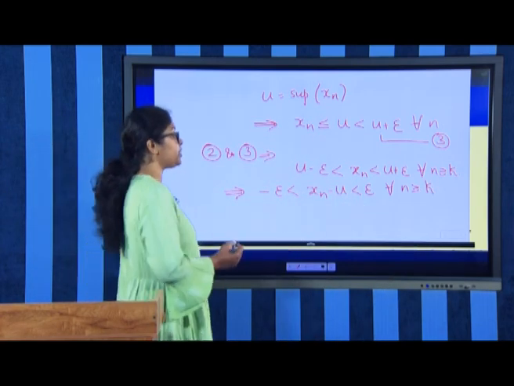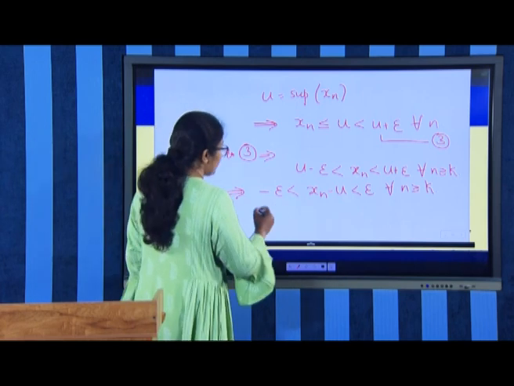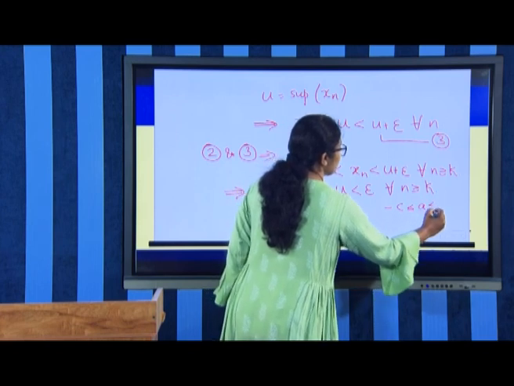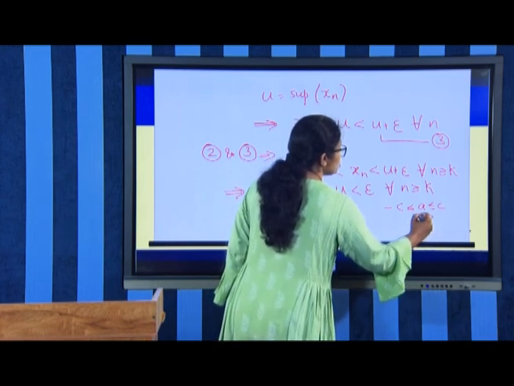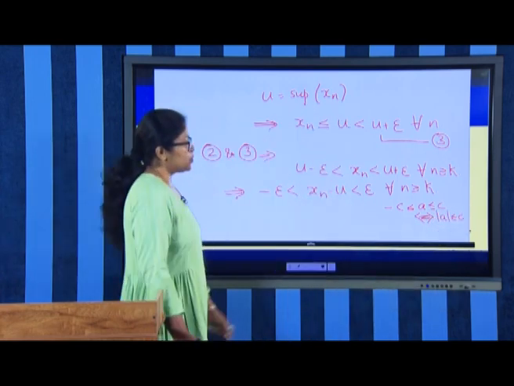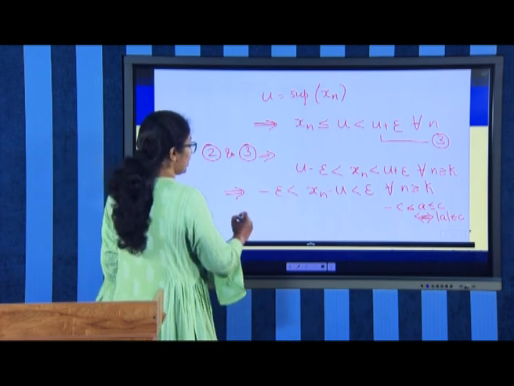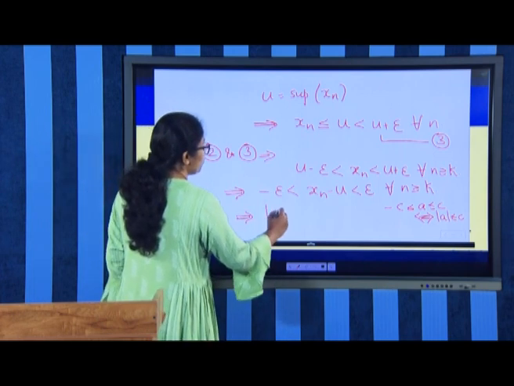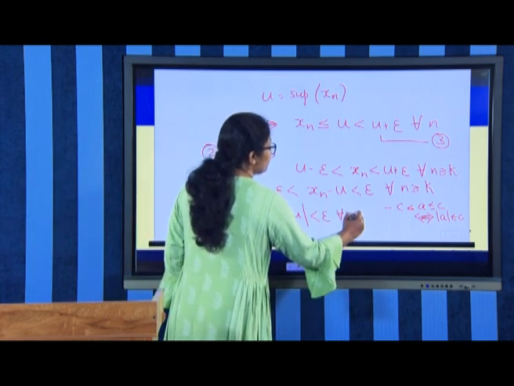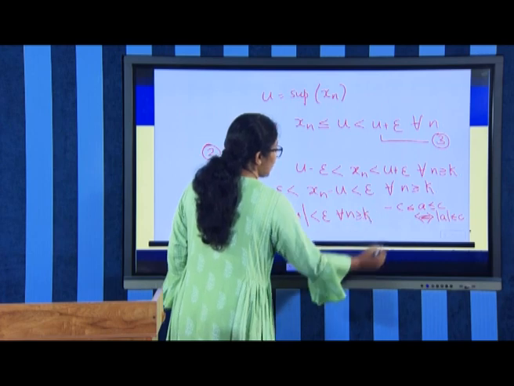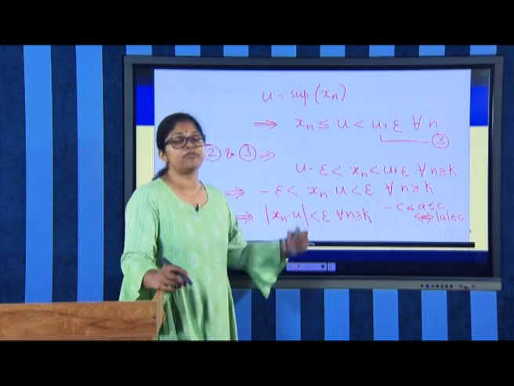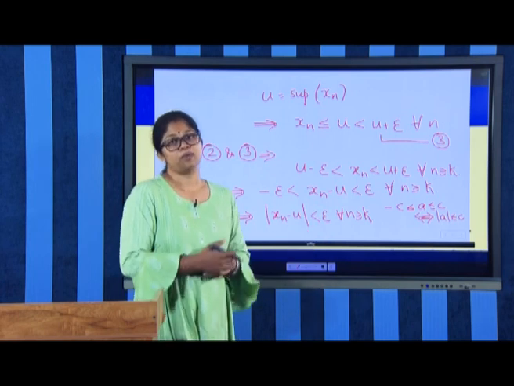We have seen in a previous class that minus c less than or equal to a less than or equal to c is equivalent to writing modulus of a is less than or equal to c. So, using that notation, we can write this as modulus of xn minus U less than epsilon for every n greater than or equal to k, and this is exactly the definition of a converging sequence.